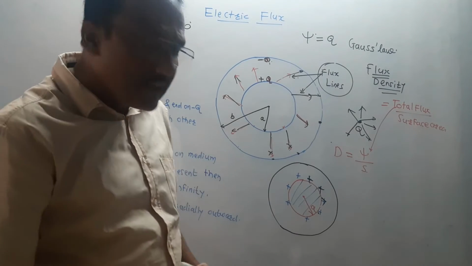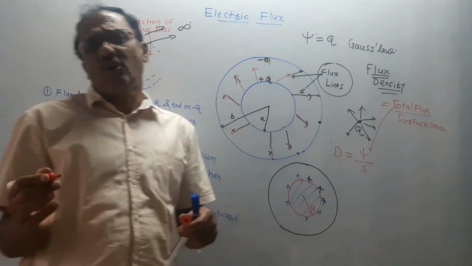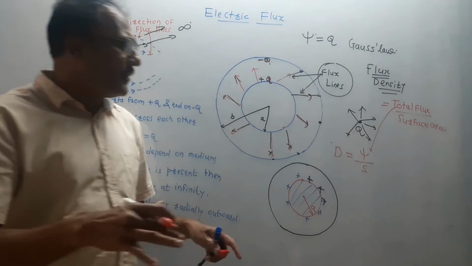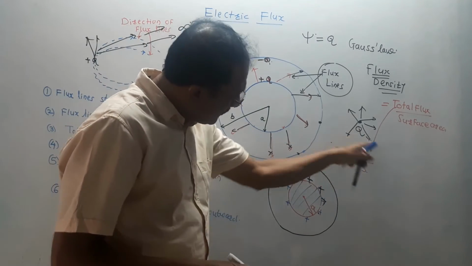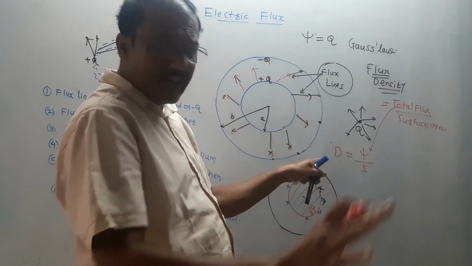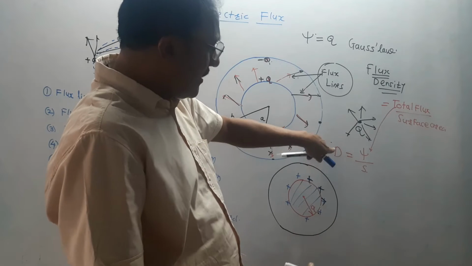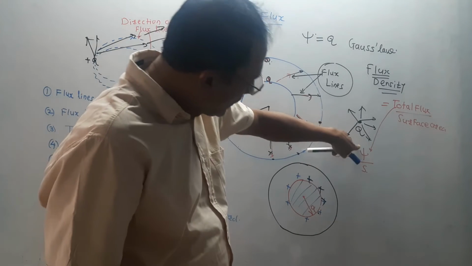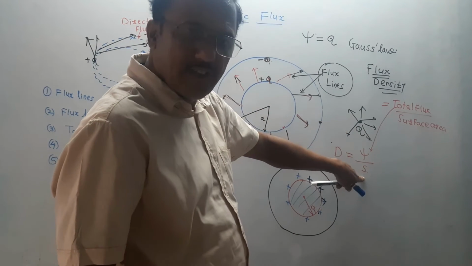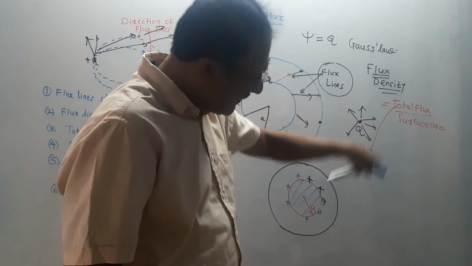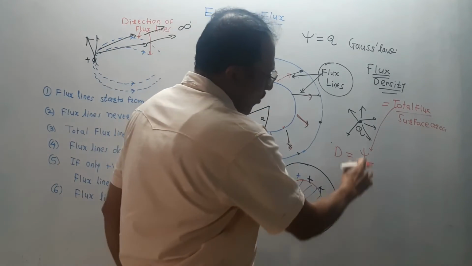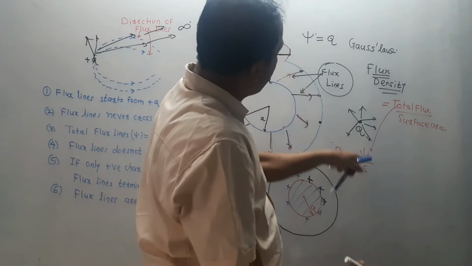Now, how to generate the units? In earlier videos also I have told you, you don't have to mug up the units. From the definition itself, if you simply remember this formula, you can well write the definition. Flux density is defined as total flux per surface area, or total flux divided by surface area. Simple. Now, how to generate the unit? Flux is psi.